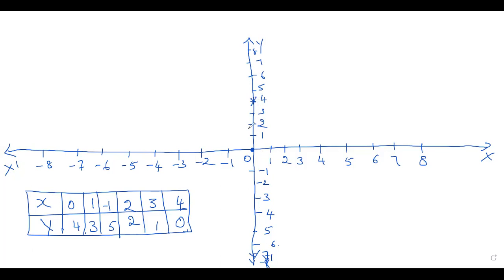0 and 4. Next, x is 1. Y is 3. X is 1, plus 1. So you have to see the x-axis. X is 1, y is 3. So plus 3 means you have to go up, minus means you have to come below the origin.